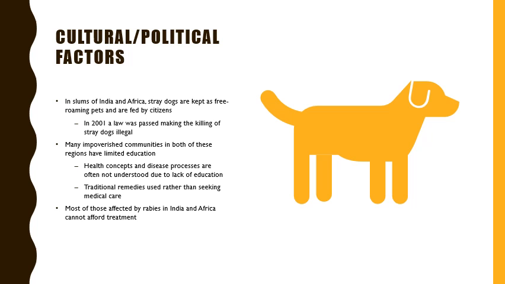But in these slums, stray dogs are often considered pets. Citizens will feed them, and they would maybe consider certain ones their pets that would return to their house often to get food. So they're not considered an irritant or a pest by these citizens typically.